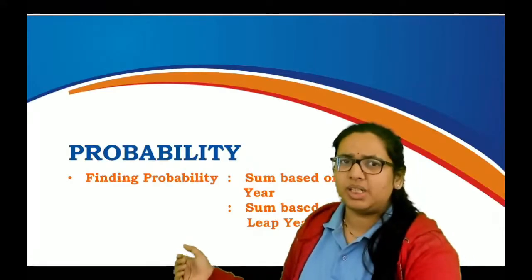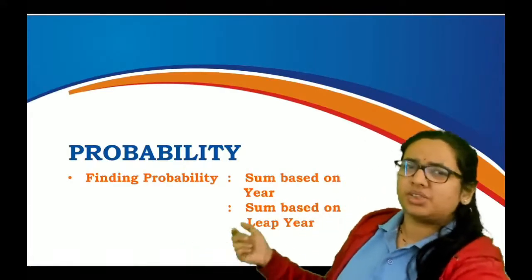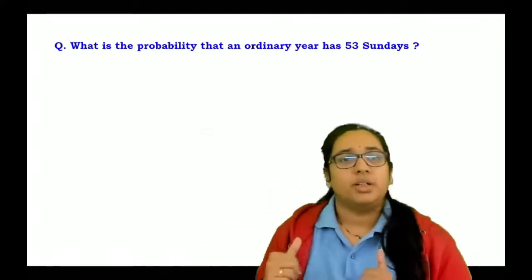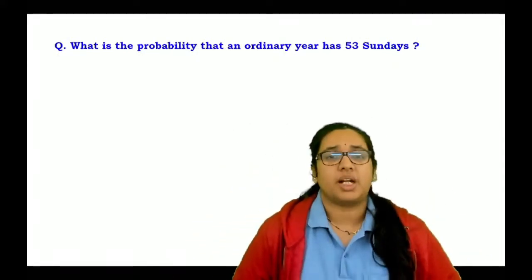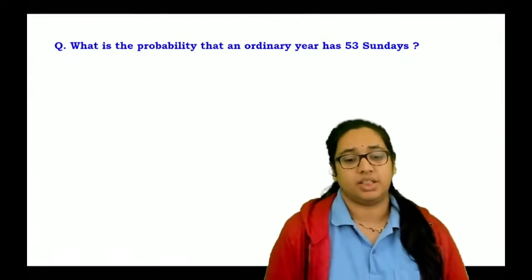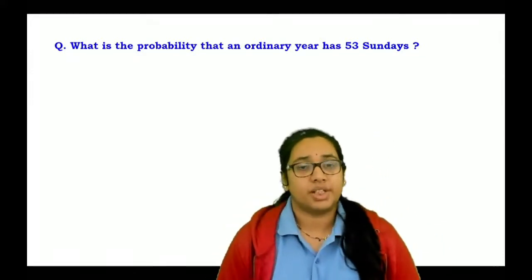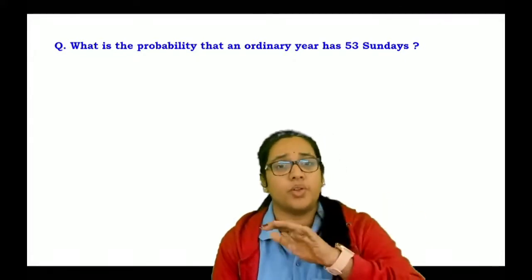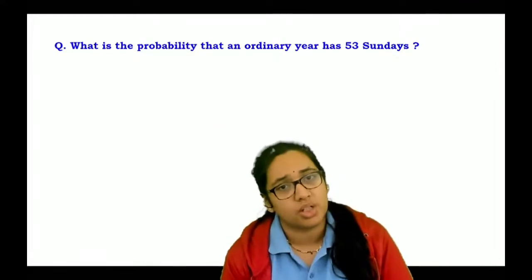Okay. Now, the last type of question based on probability is the sums based on leap year or non-leap year. What is the probability that an ordinary year has 53 Sundays? See, we are considering the probability. Probability is the number of favorable outcomes divided by the number of total outcomes.